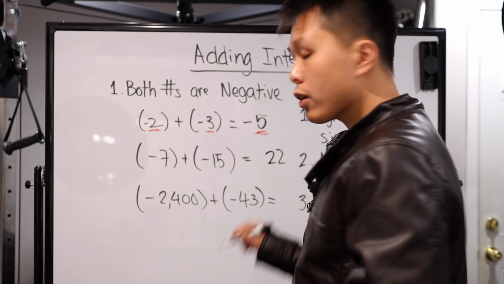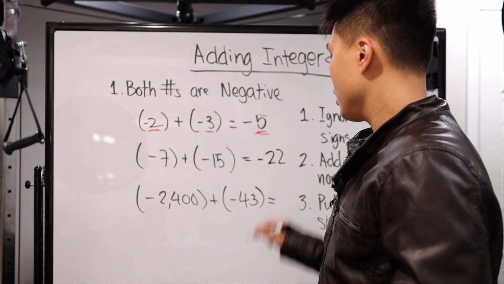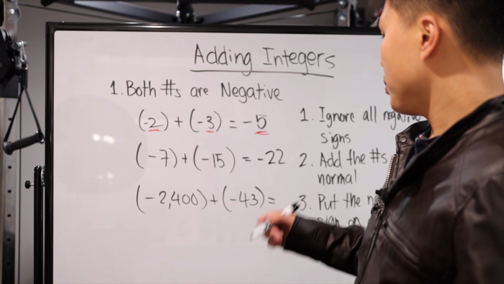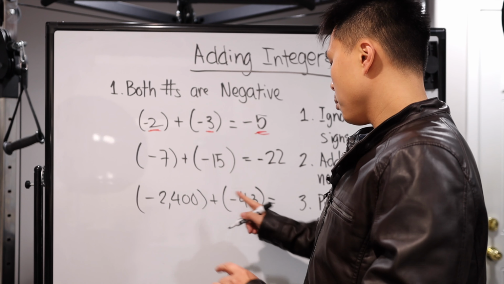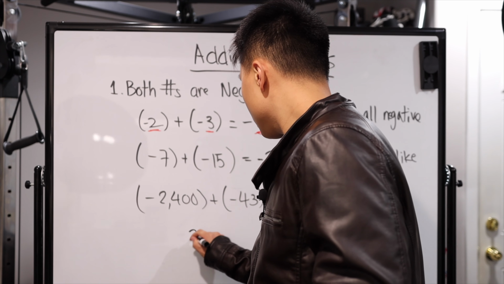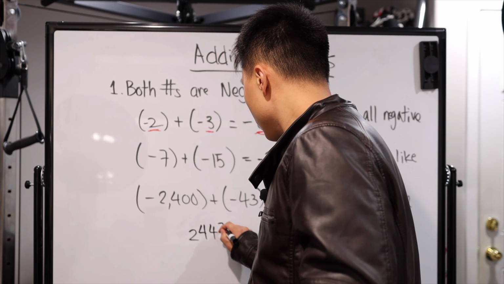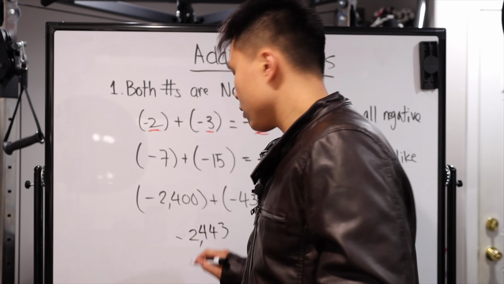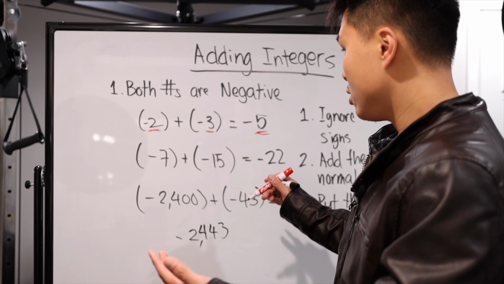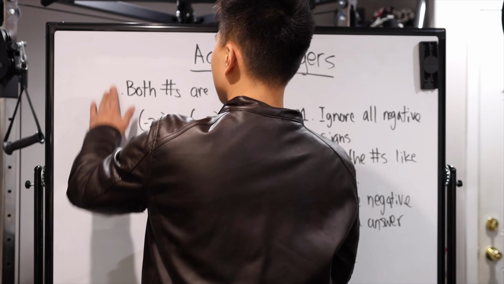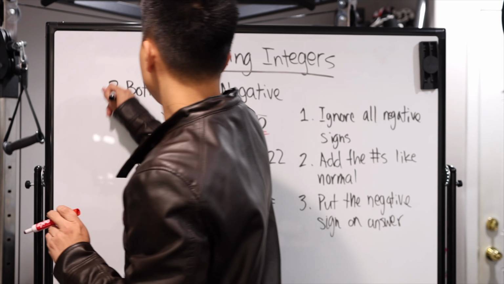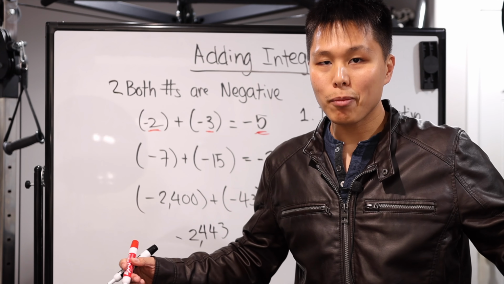We put 22 first, then we put the negative sign. The last one, a large number, but same thing. 2,400 plus 43, which is going to be 2,443. Then we put the negative sign. Case 2, oh, I should have changed the number. That was my bad. Case 2, in this case, not that bad.